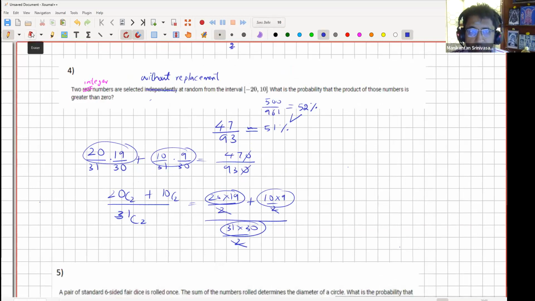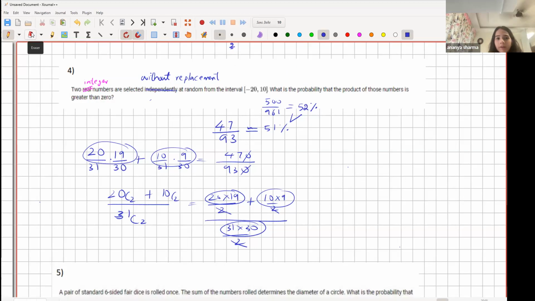What is your logic for 2 upon 3? For getting 2 negatives, the probability was 2 upon 3. Correct. And it indeed is 2 upon 3.